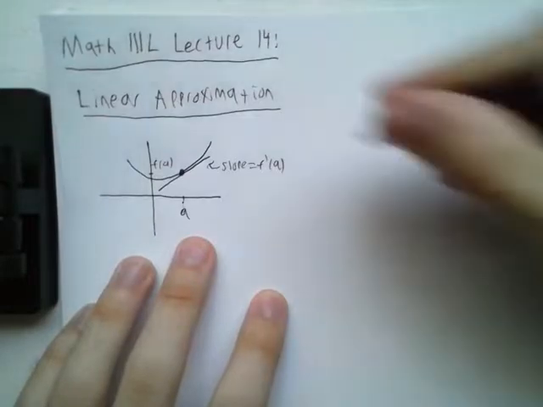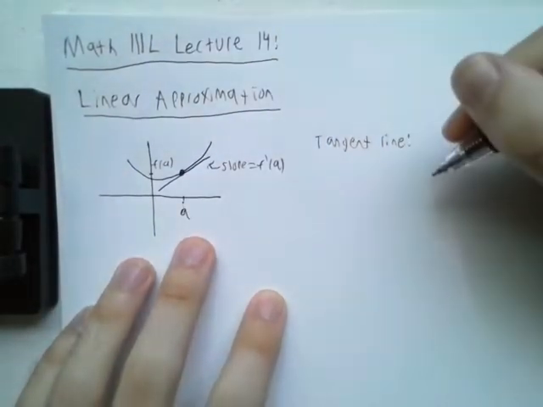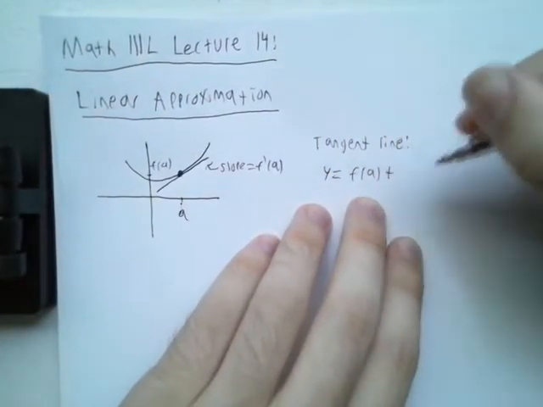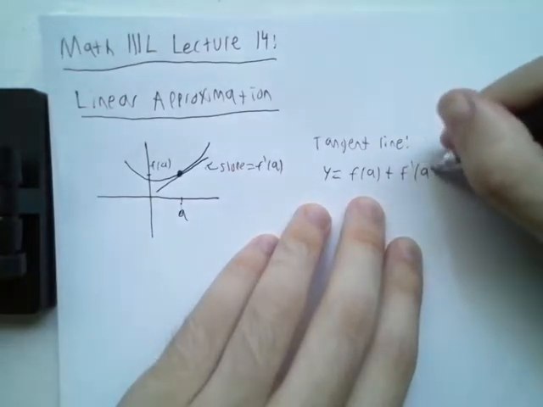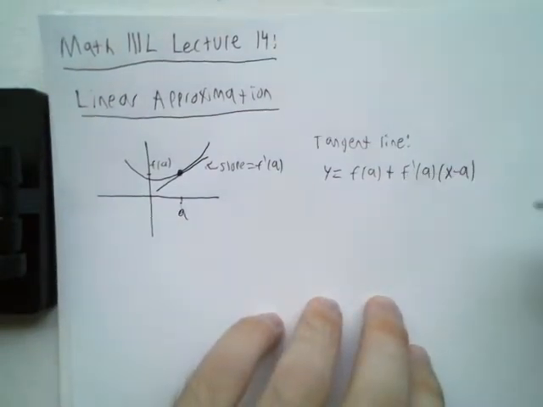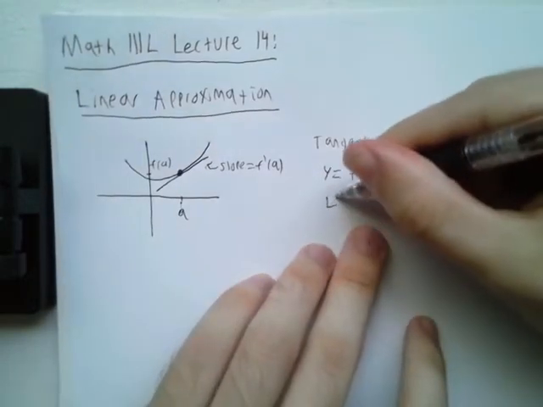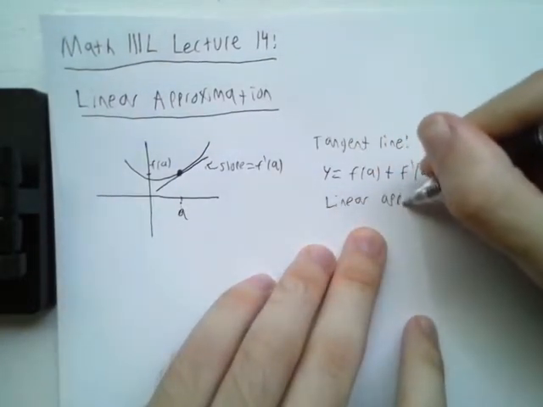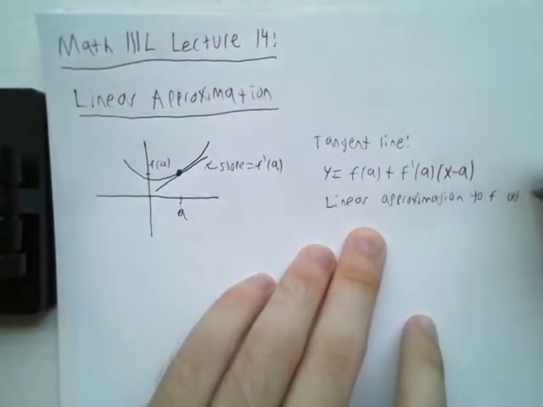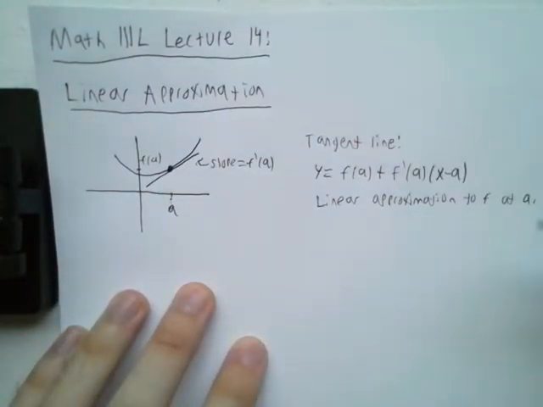So we can write down the formula for the tangent line, which is y equals f of a plus f prime of a times x minus a. This is just from the point slope formula. So this is what's known as the linear approximation to f at a. And so why is this a good thing to do?